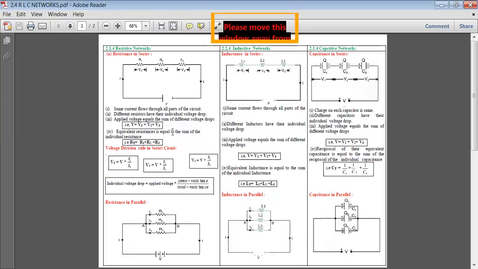Equivalent resistance is equal to the sum of the individual resistances. RT is equal to R1 plus R2 plus R3. This gives you a single resistance.